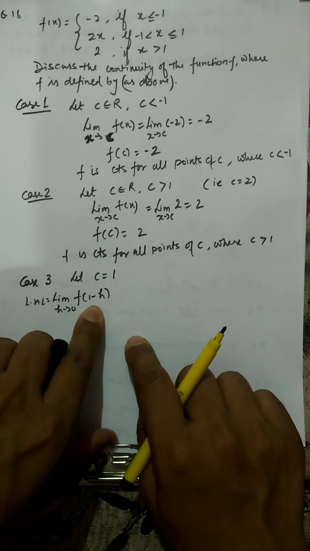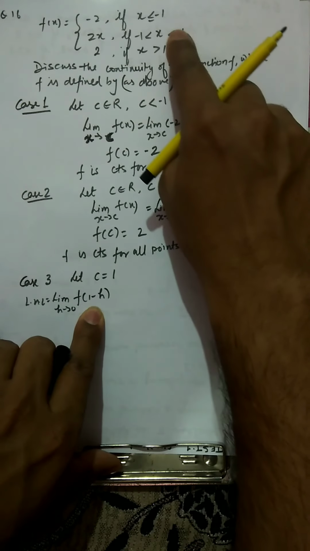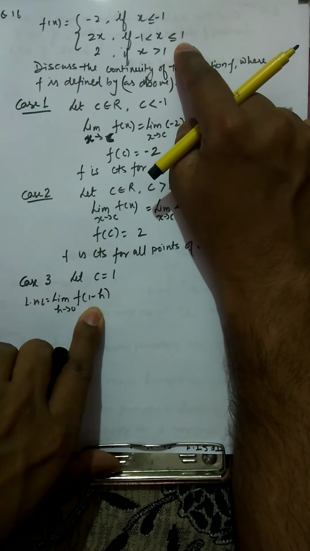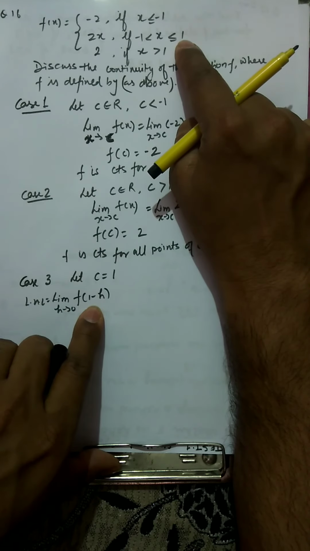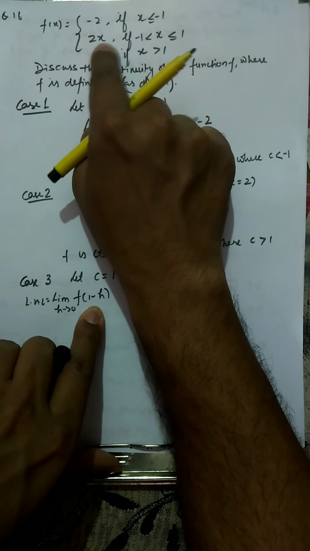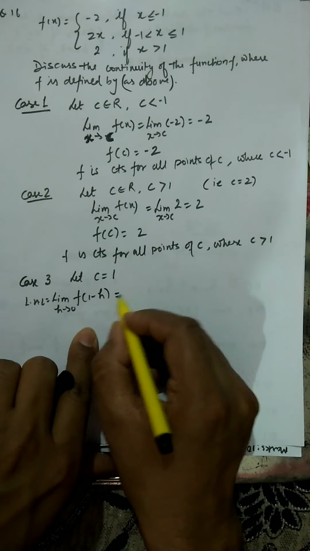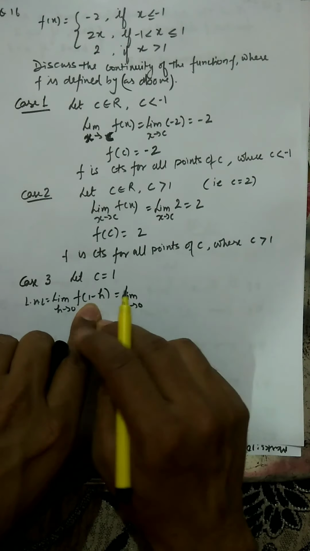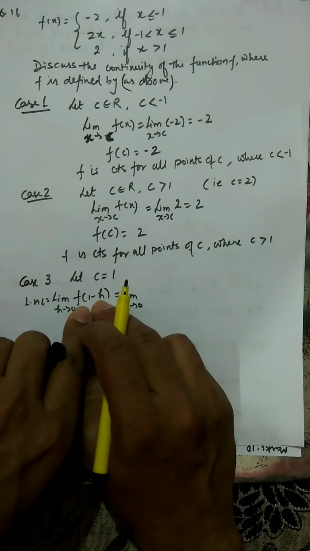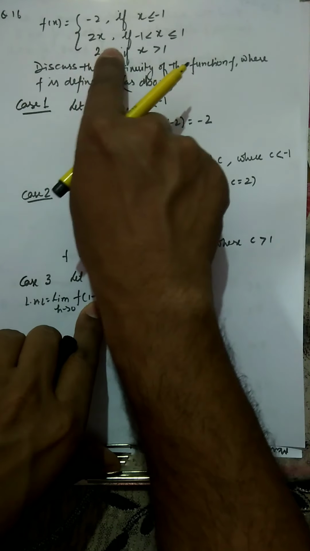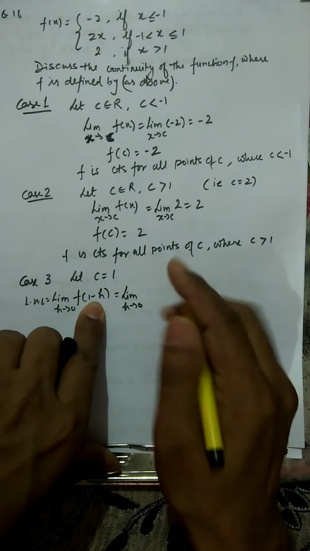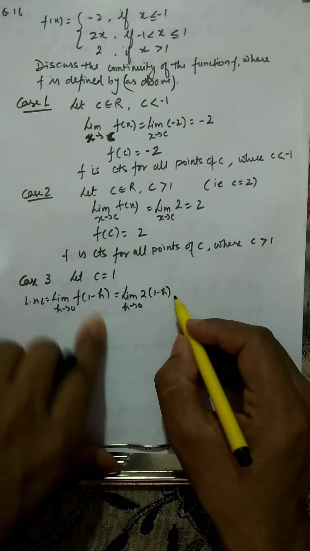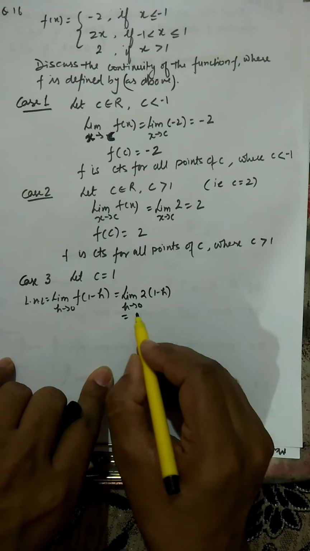Now 1 - h is less than 1, and for less than 1 the function is 2x. So x has to be replaced by 1 - h, because this is f(1 - h) and we have f(x) equal to 2x. So this will become 2(1 - h). Put the value, so it becomes 2.